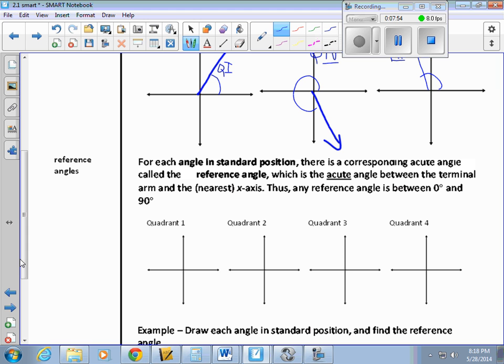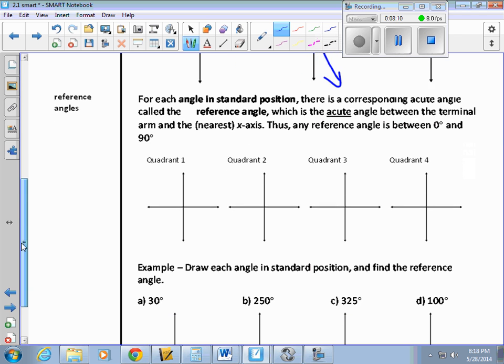For a reference angle, it's either the positive or negative x-axis. Thus, any reference angle is between 0 and 90 degrees. It has to be acute, so it has to be less than 90 degrees, or between 0 and 90.